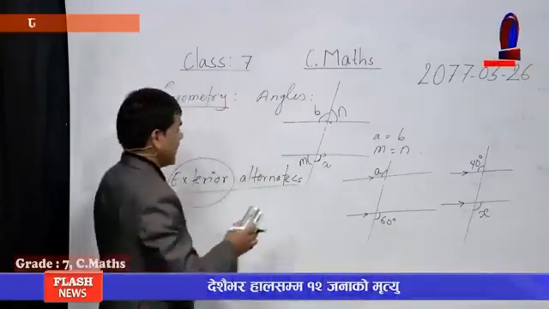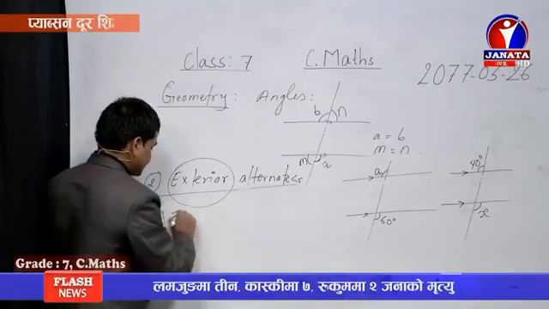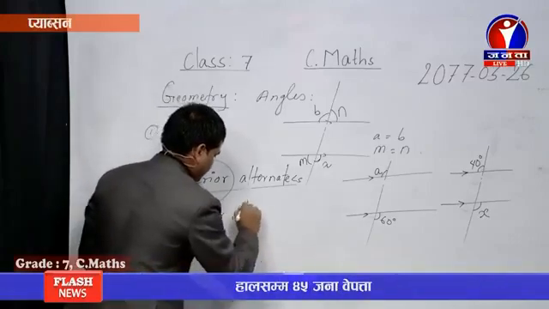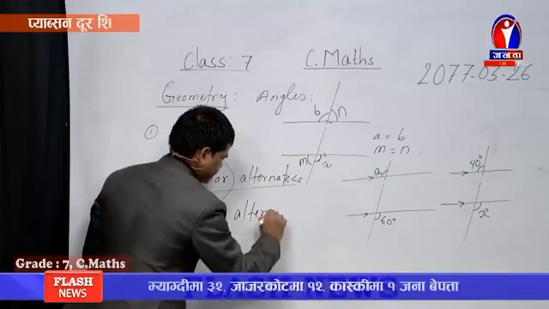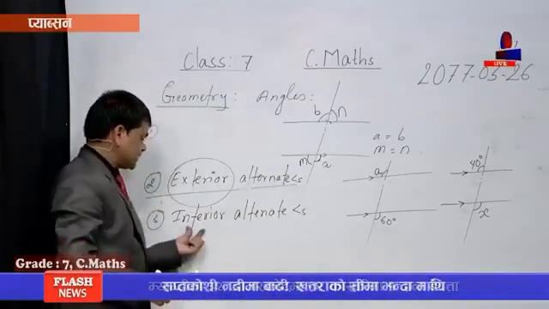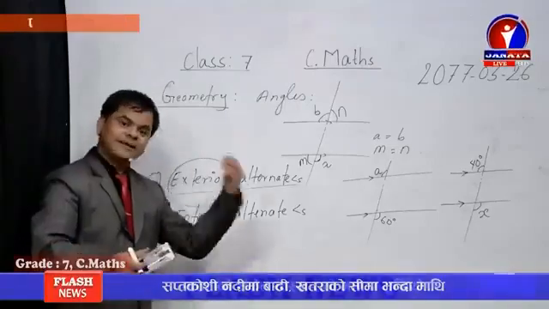Now I will discuss the interior alternate angles, dear students. Number third, interior alternate angles. What do you mean by this? Interior means both should be inside, and alternate means one should be on the left hand side, another on the right hand side.